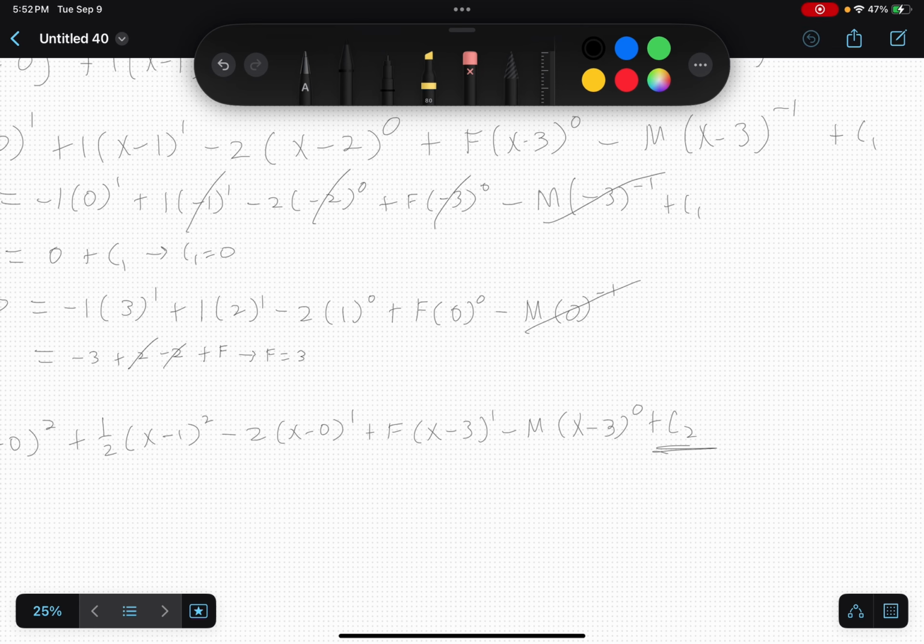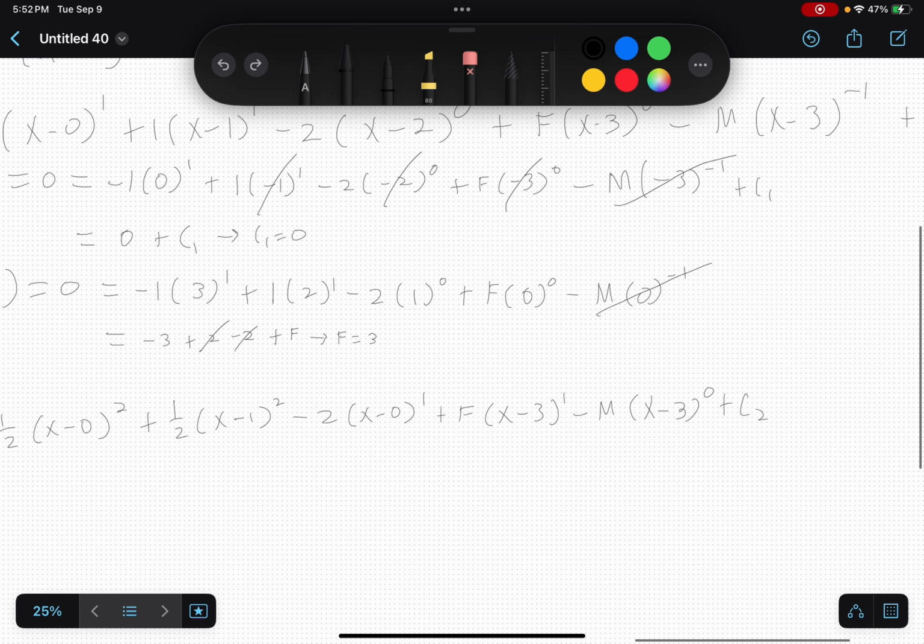And we get a new integration constant, C2.